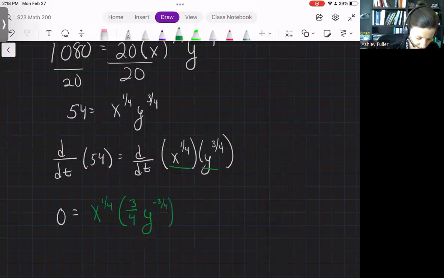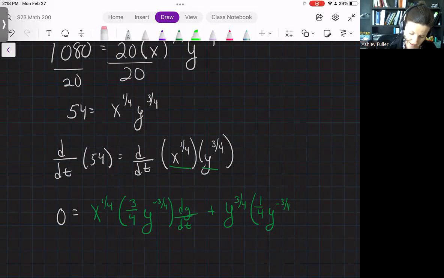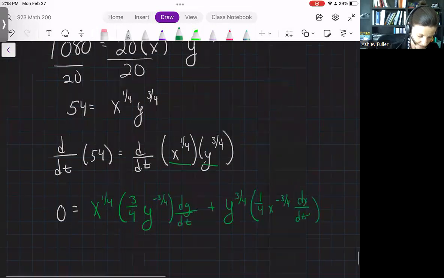And then don't forget, we're going to need that dy dt. And then we're going to have plus the second term, y to the 3/4 times the derivative of the first term, which is going to be 1/4 x to the negative 3/4. And then we'll have dx over dt.